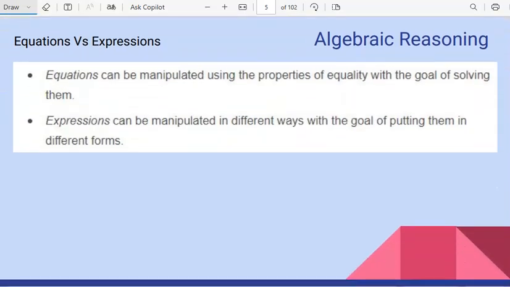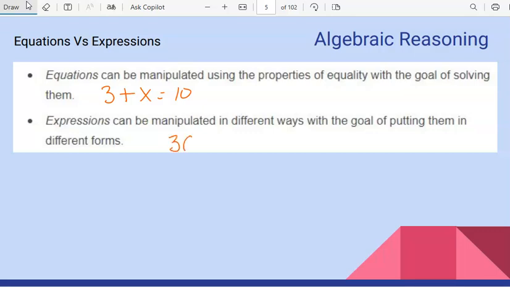Equations versus expressions. Equations can be manipulated using the properties of equality with the goal of solving them, such as 3 plus x equals 10. Expressions can be manipulated in different ways with the goal of putting them in different forms.